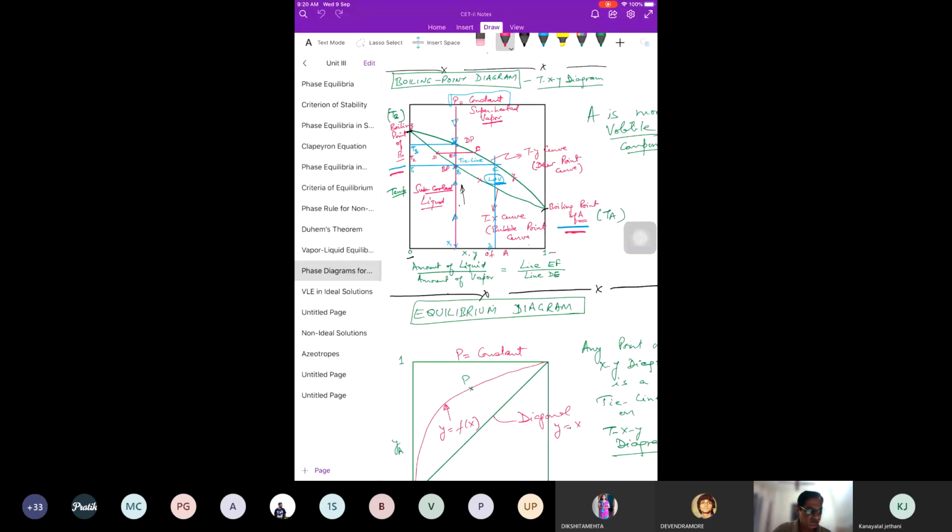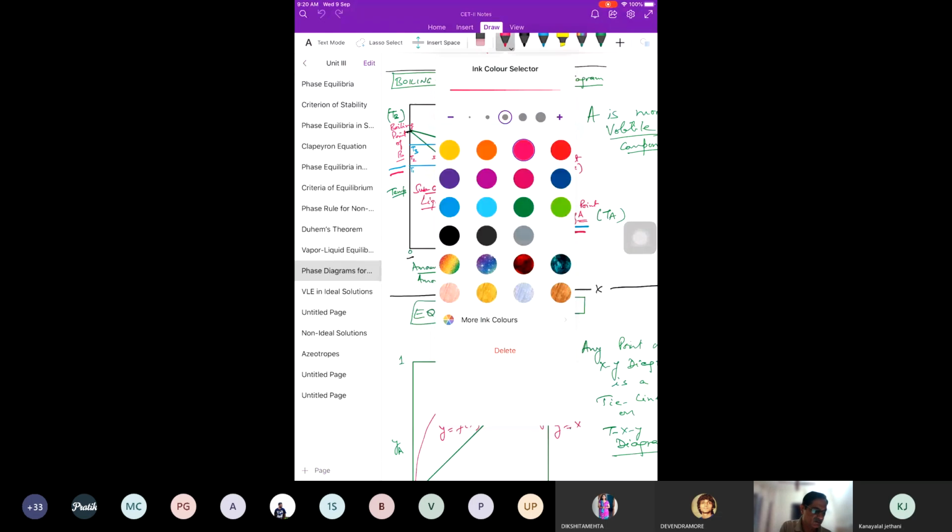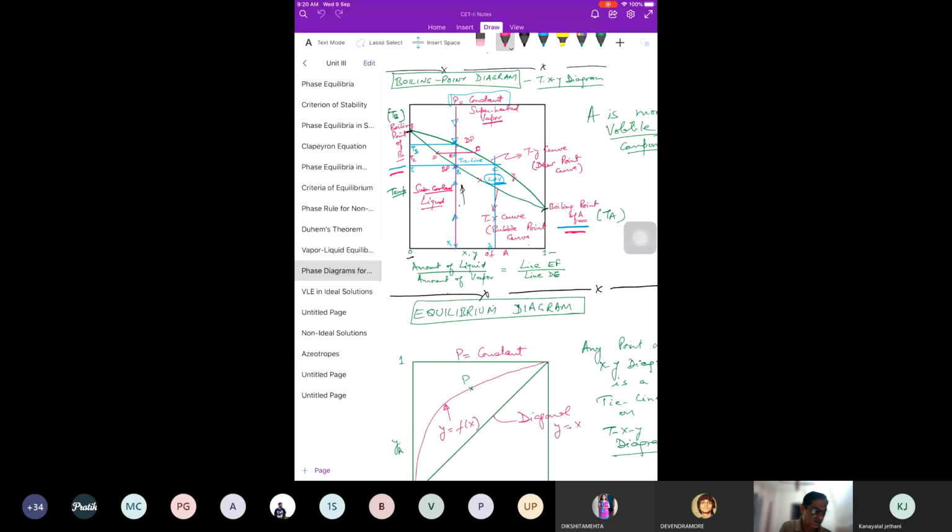If you look at this diagram, what I had mentioned before was that this part of the curve is the vapor. The part between these two curves is liquid and vapor.